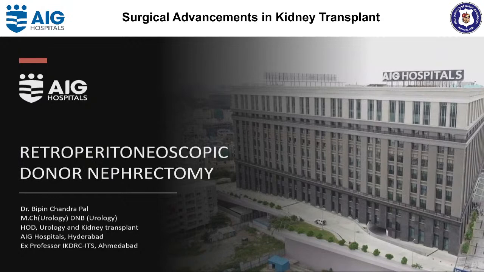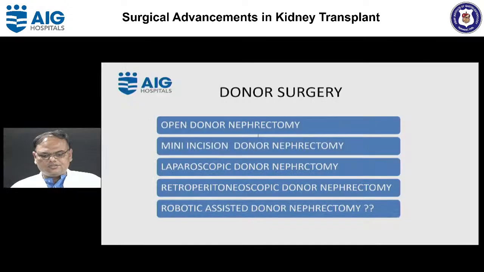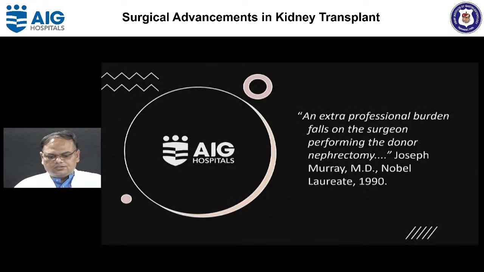I will be speaking on retroperitoneoscopic donor nephrectomy. Donor surgery has evolved from open donor nephrectomy to mini incision donor nephrectomy, laparoscopic donor nephrectomy, to retroperitoneoscopic donor nephrectomy, and robotic assisted donor nephrectomy is still in infancy. As a donor surgeon, we are all stressed as we will be operating on a normal person rather than a patient.